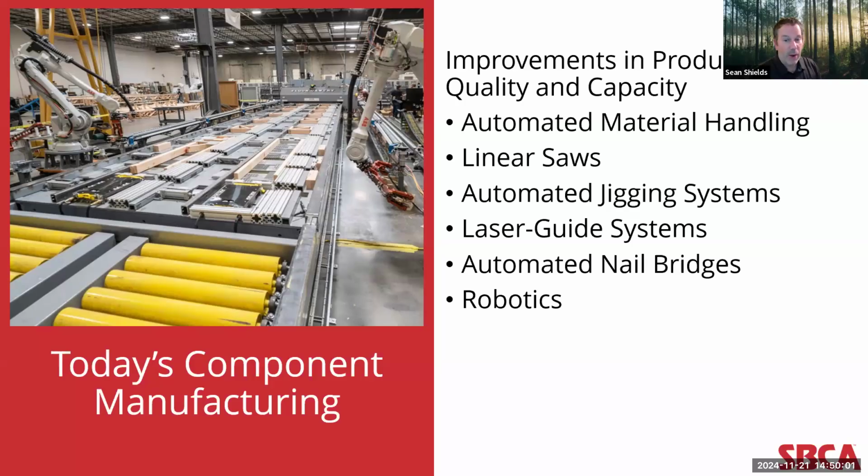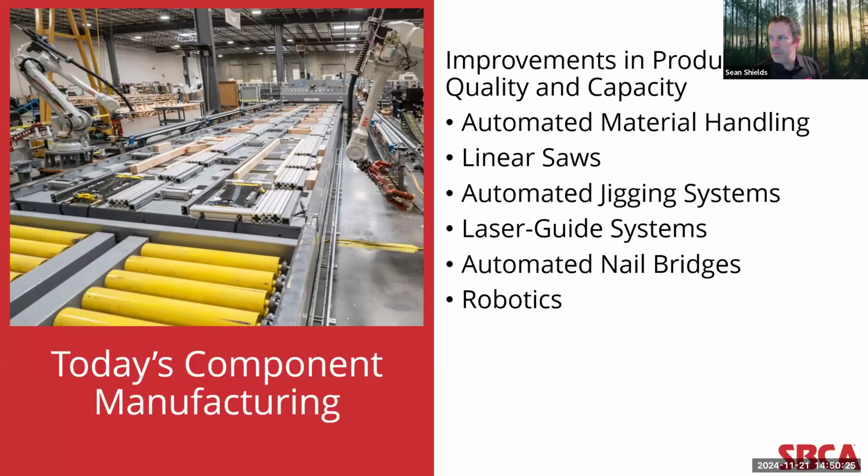And while linear saws have been around for probably 15 years, at least from a mainstream perspective, their capabilities have increased dramatically just in recent years. There's also automated jigging systems that allow component manufacturers to lay out truss configurations very quickly.